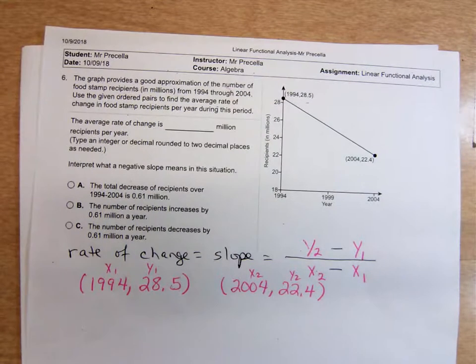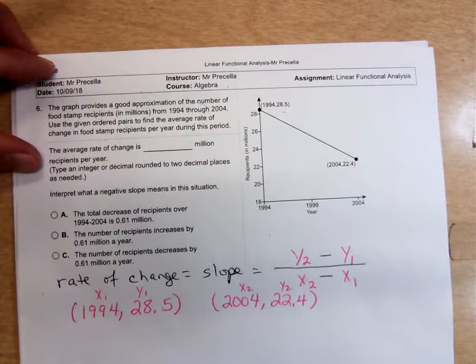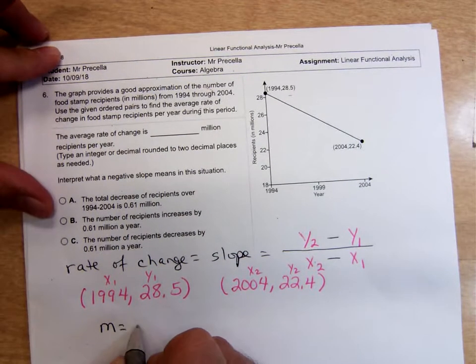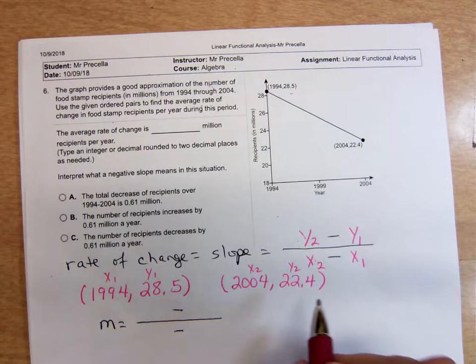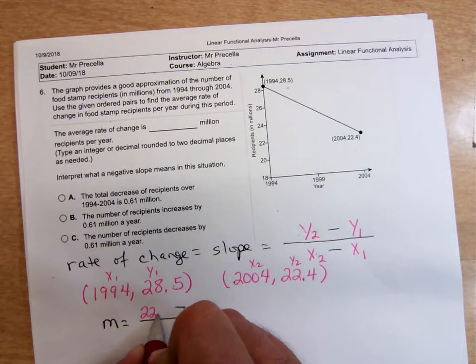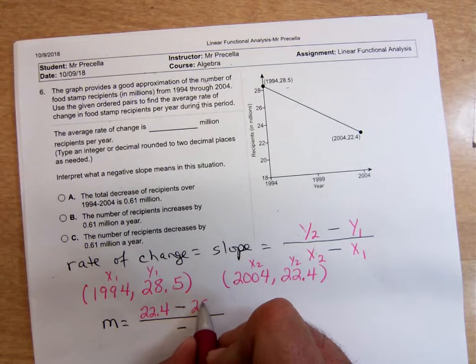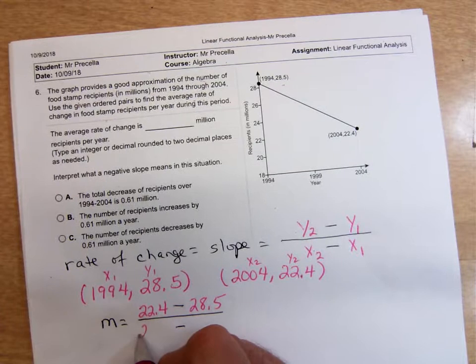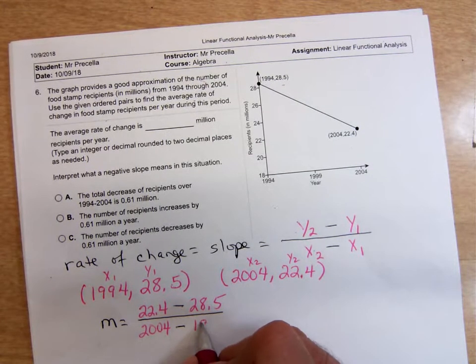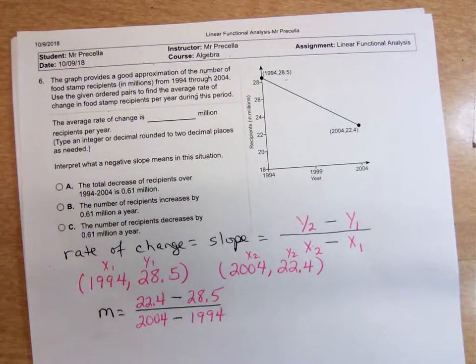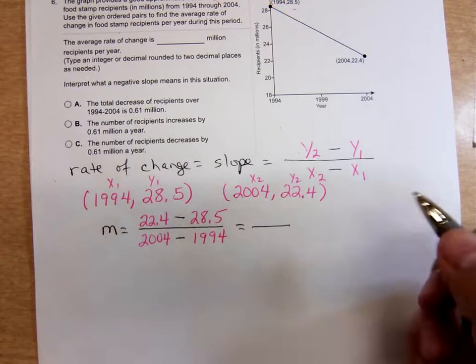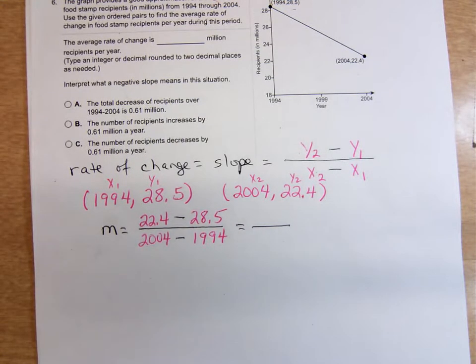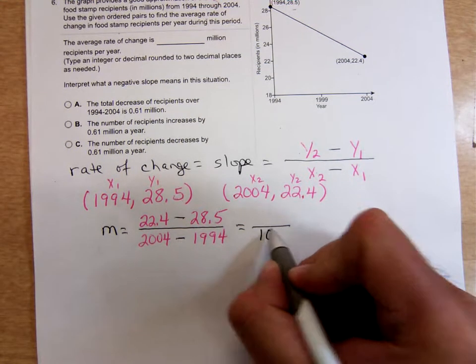So m equals y2 minus y1 over x2 minus x1. Now, we don't need a calculator for the x2 minus x1, do we? 2004 minus 1994, that was a 10-year time span.